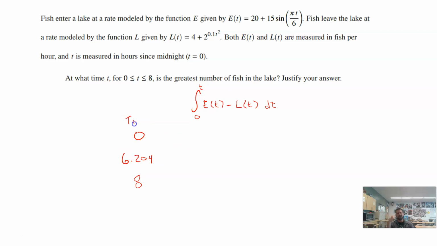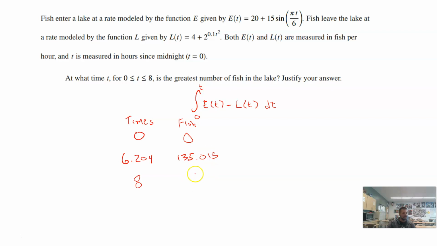So these are all of my possibilities for the times at which I'd have a max or a min. If I find out the number of fish using this formula for all of these, at time equals 0, I get 0. I plug in 6.204, and when I do that, I get 135.015 at time equals 6.204.